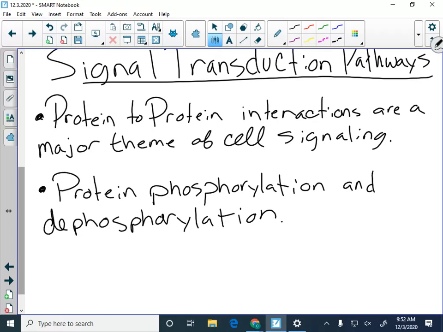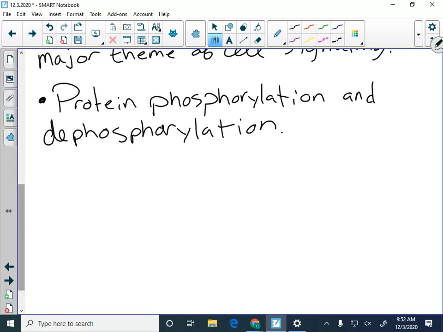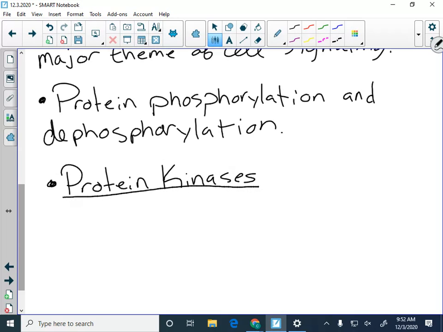And a major player in protein phosphorylation are protein kinases. We talked about kinases yesterday when we talked about receptor tyrosine kinases. Tyrosine kinases are kinases that phosphorylate tyrosine.